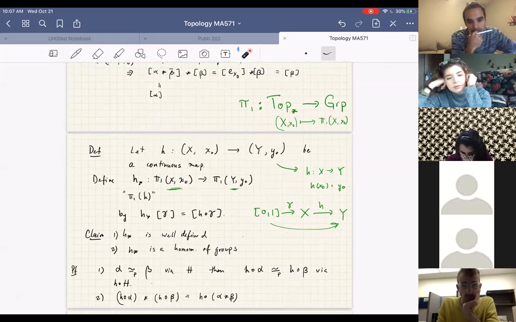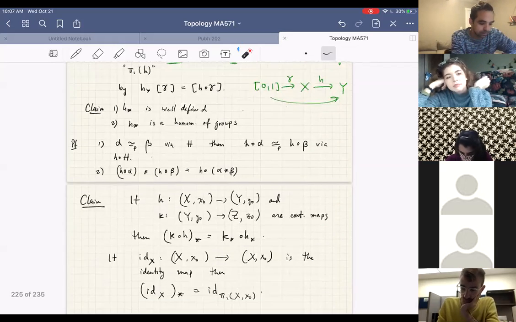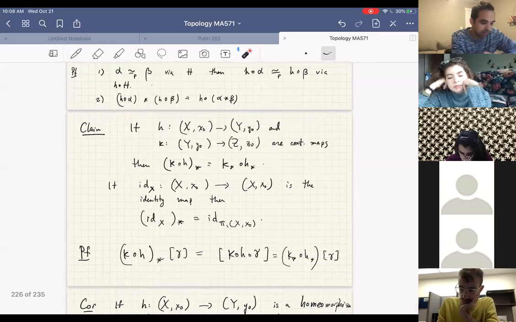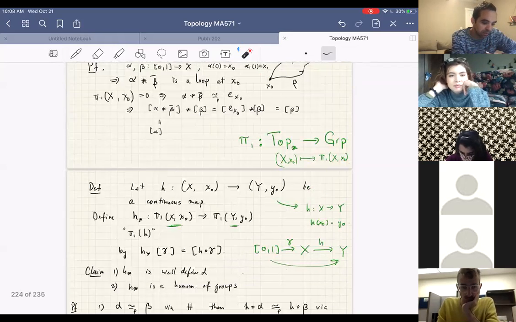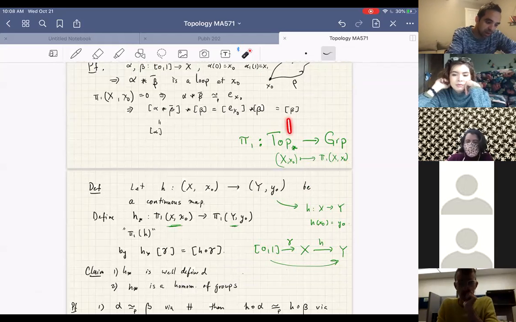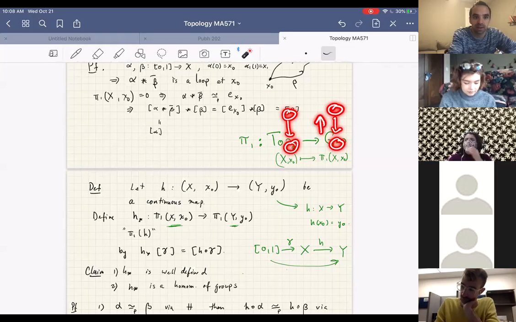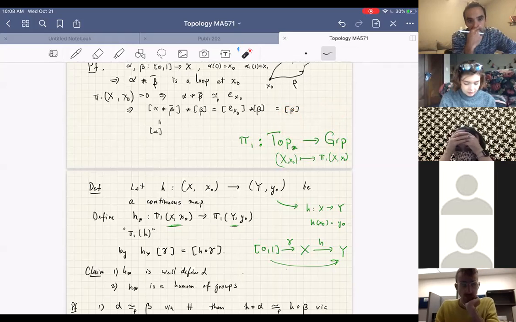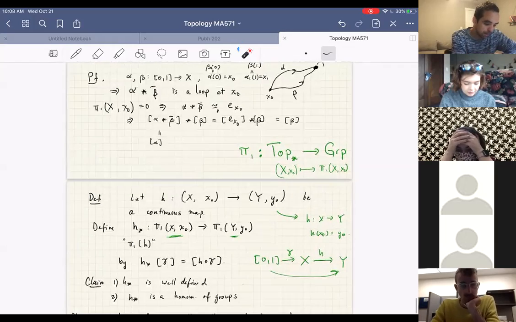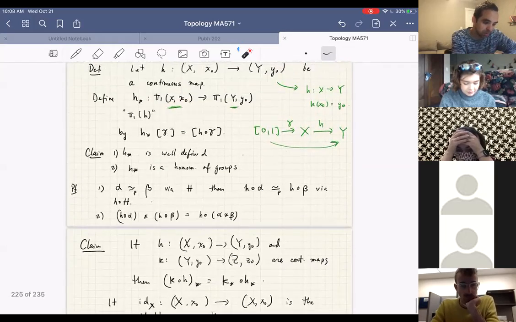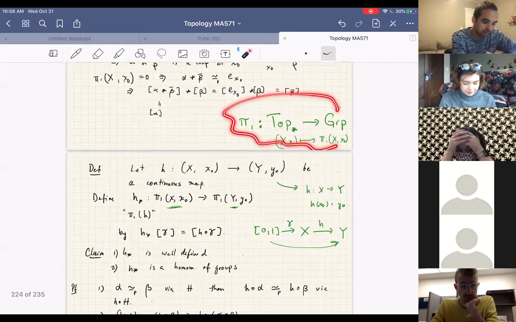Then we also just showed that it's a covariant functor. Covariant functor means that the directions of the maps are preserved, right? If you go from X to Y here, then you will go from pi1 of X to pi1 of Y. There are other kinds of functors that reverse the direction of the maps, and they have a different name. Anyway, those are just words, right? There's kind of no content.